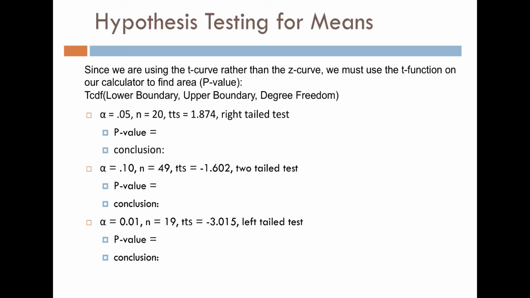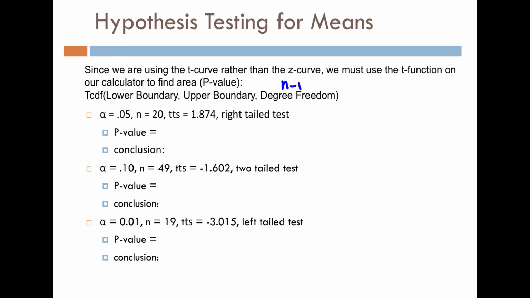Every time we change our sample size, we get a different t-curve. The lower our degrees of freedom are, so the lower our sample size, remember, degrees of freedom, you'll recall, is n minus 1, so it's directly tied to our sample size. As my degrees of freedom increase, the tails become closer to the x-axis and it eventually morphs into pretty much the standard normal curve, the z-curve.